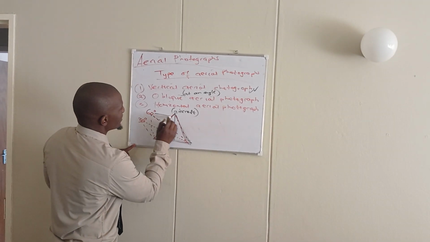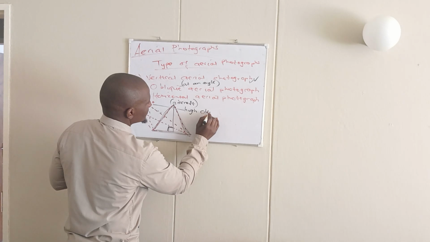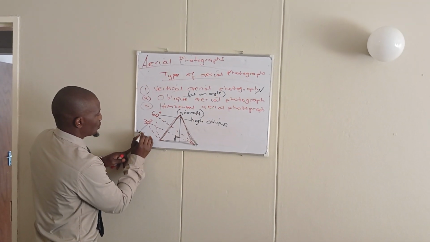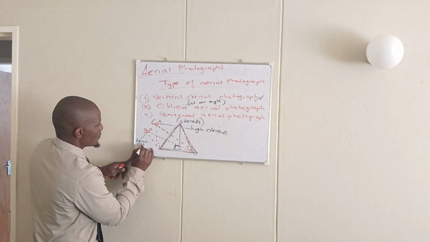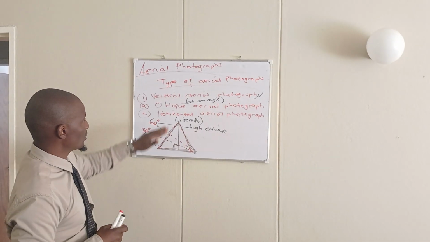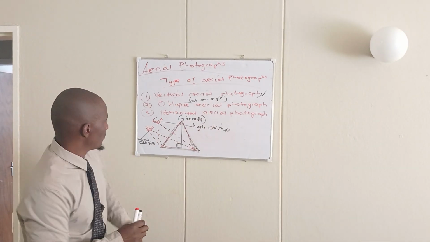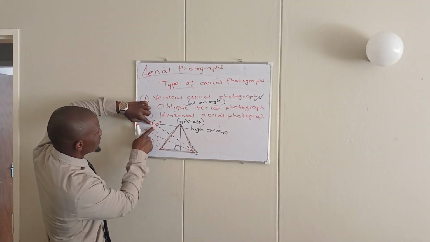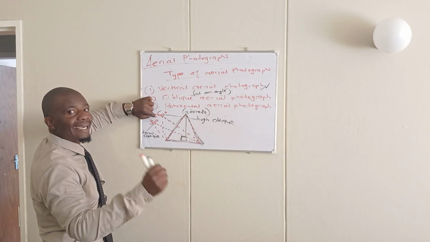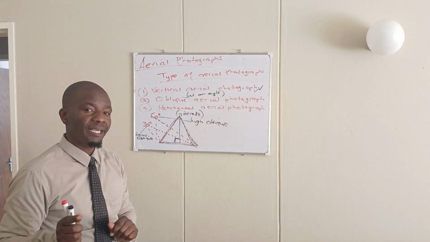At 60 degrees, that is your high oblique, and at 30 degrees, that is your low oblique. This is the second type of aerial photograph, the oblique aerial photograph.